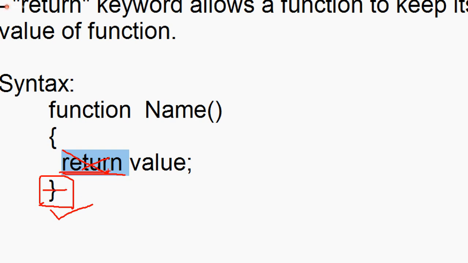What does that mean? The memory is not deleted. And by which name is memory allocated? By the function name. In that memory, this value can be stored.